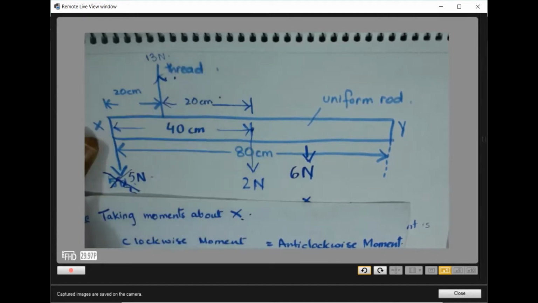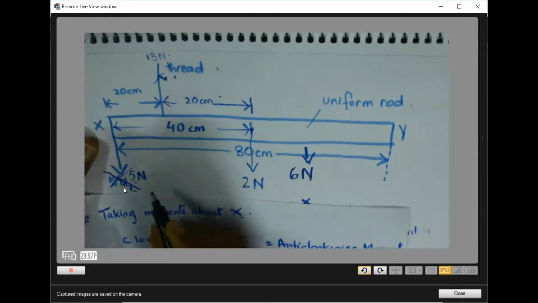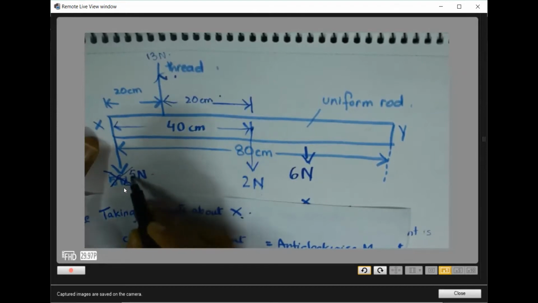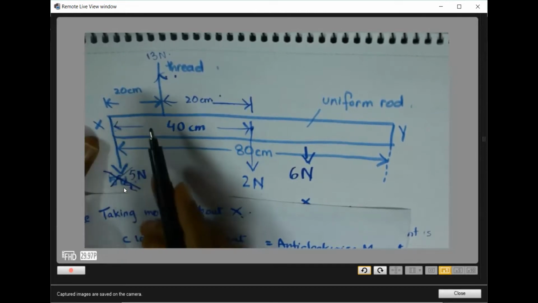Yes, Zainab. If we take X as a pivot, that means we have to imagine that there would be a pivot under X, which would cancel the 5 Newton force so that it's a pivot which will move. Well, that's good thinking. Very good. Also think this way, that it has zero turning moment, because it's passing through X, so distance is zero.